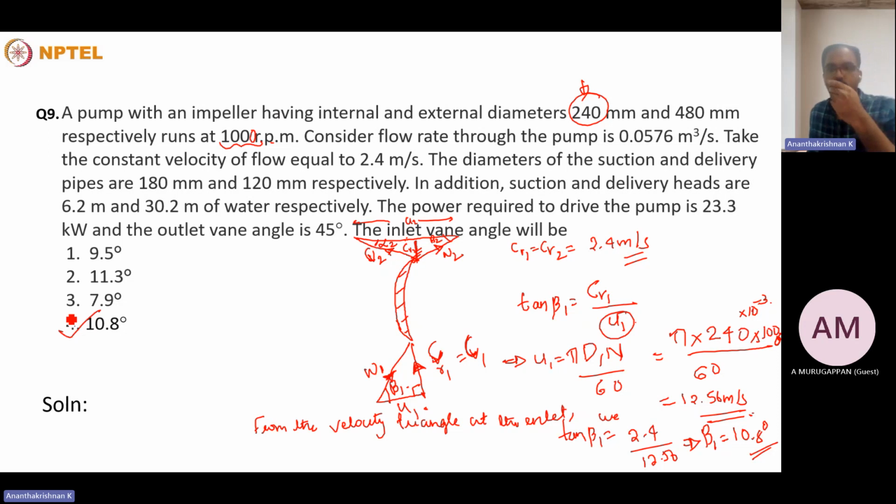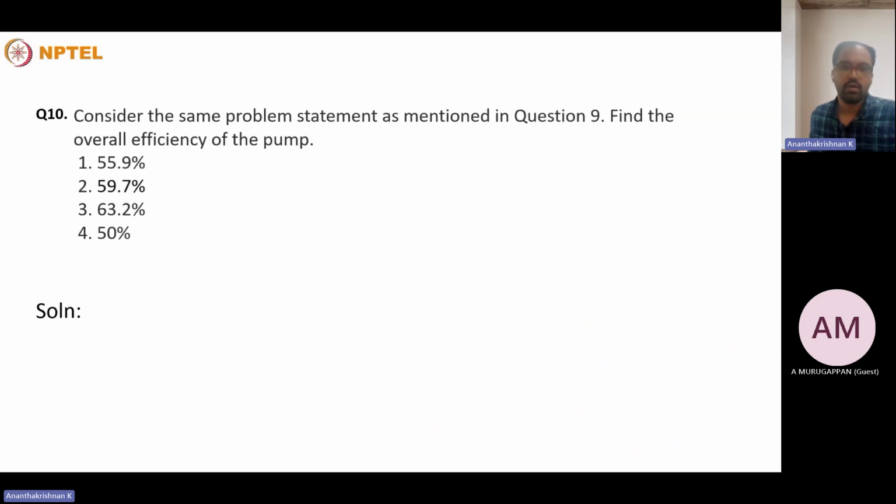So the first part of the problem, we have to calculate the inlet vane angle based on the input parameters. The second part of the problem, we need to calculate the overall efficiency of the pump. Overall efficiency is a relationship between the manometric head and the power input required in the pump.